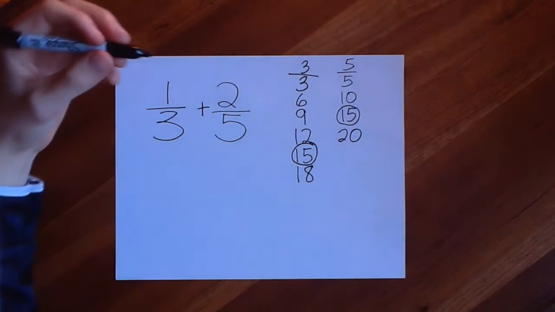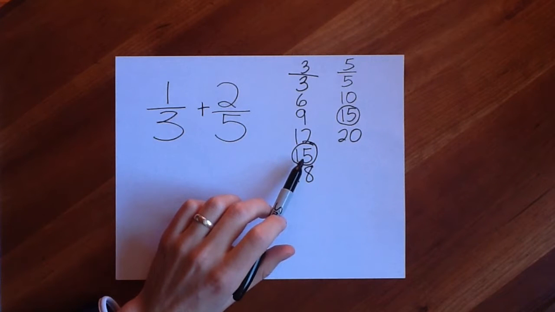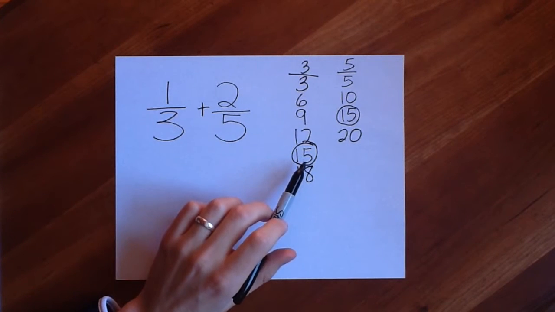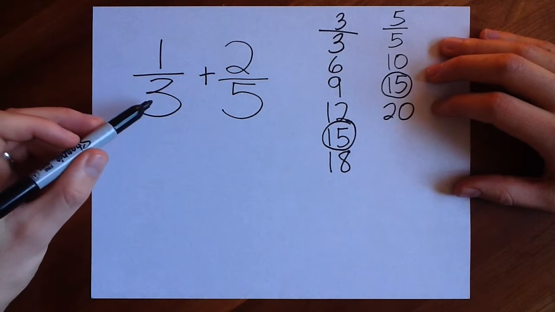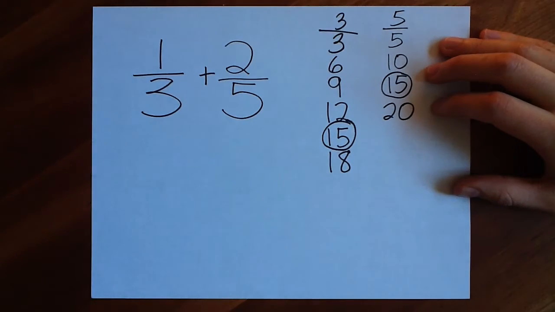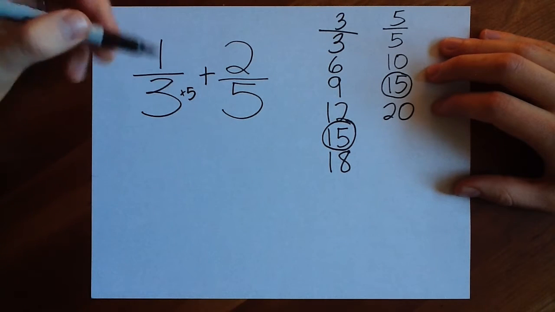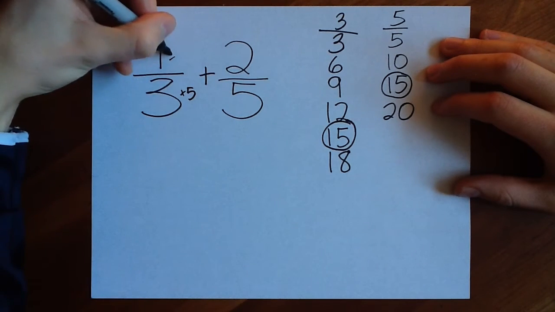Now we begin the task of taking our fractions and making their denominators 15. If we start with 3, how do we get to 15? By multiplying by 5. What we do to the bottom, we do to the top.